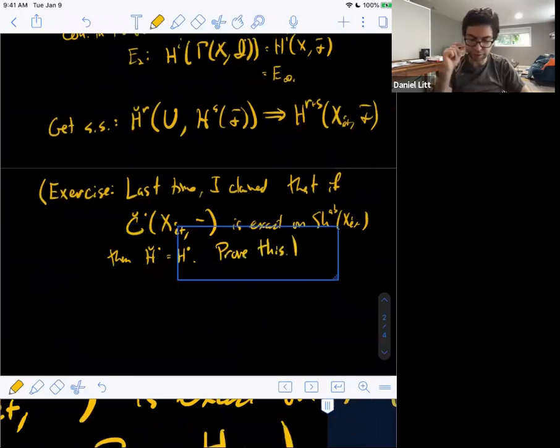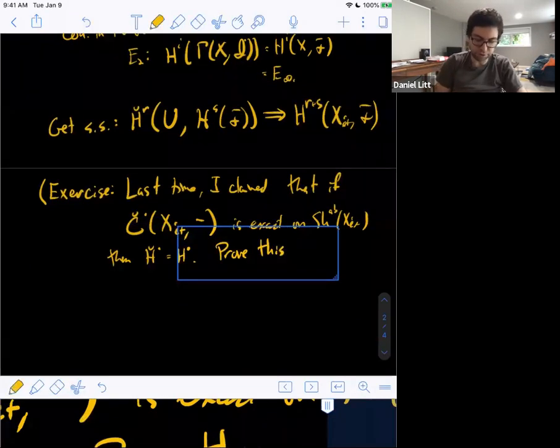Last time I claimed it follows from the theory of effaceable functors, and it does. So that's one way to prove it. You can unwind what Grothendieck does in Tohoku to check that, or look in Hartshorne's book 2. But you can also prove it using this spectral sequence.